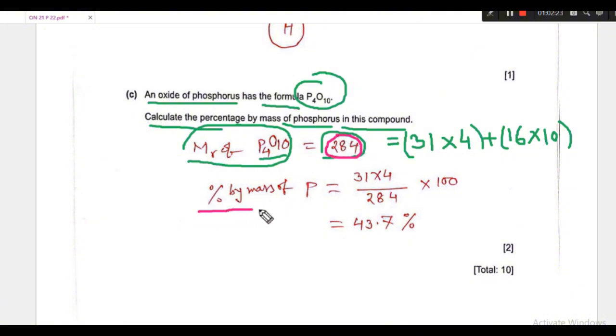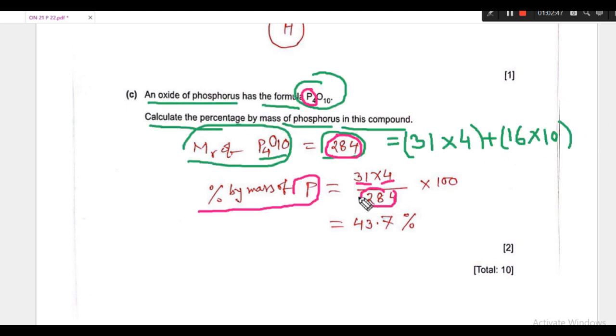Now the percentage by mass of phosphorus in 284. There are 4 phosphorus atoms. In 284 grams in total, there are 4 phosphorus. So 31 times 4 divided by 284 times 100.